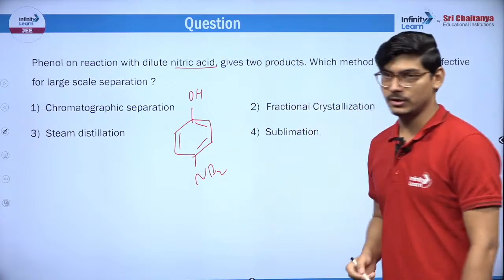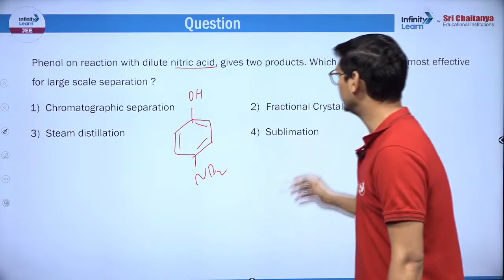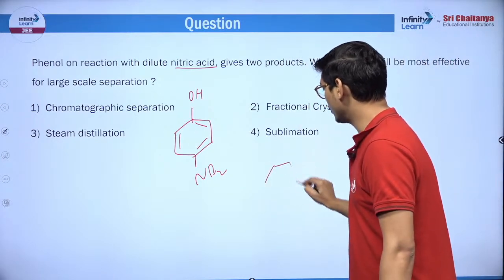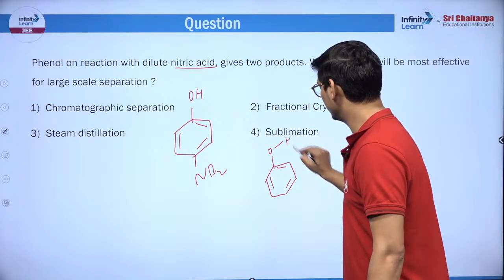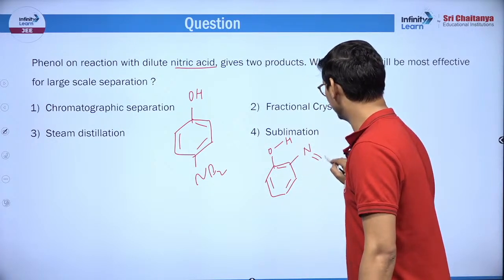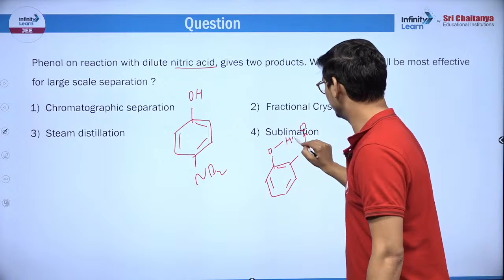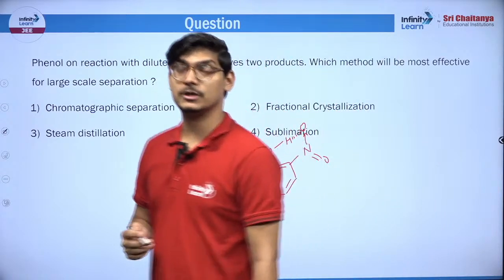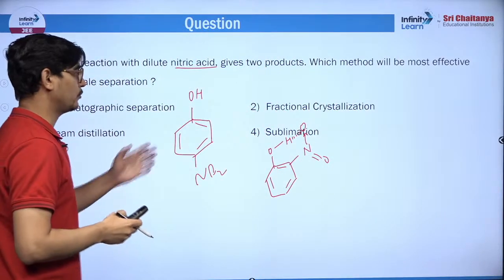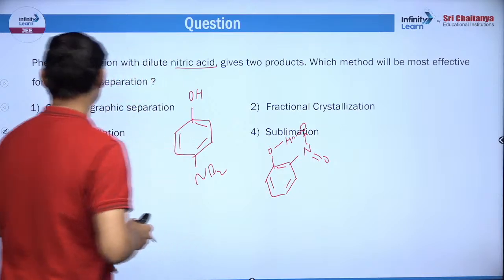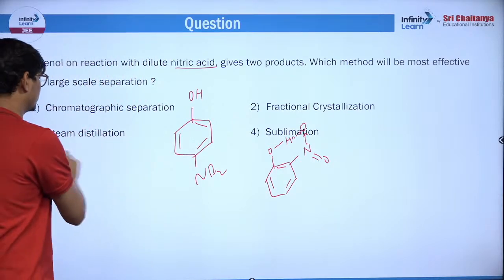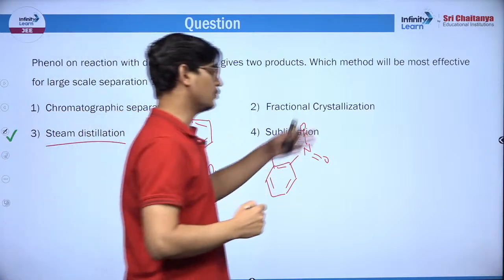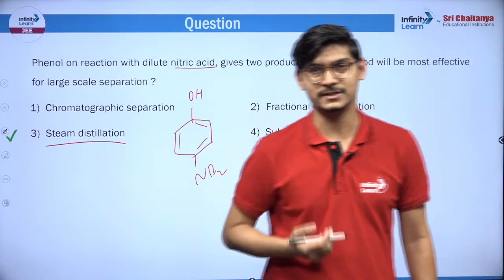It has intermolecular hydrogen bonding, higher boiling point, but in case of the ortho isomer, there is intramolecular hydrogen bonding, so it has a lower boiling point and it is steam volatile. So the technique that we can use to separate these two isomers is steam distillation. That means this will go away with the steam, boil off with the steam. That is the correct answer.